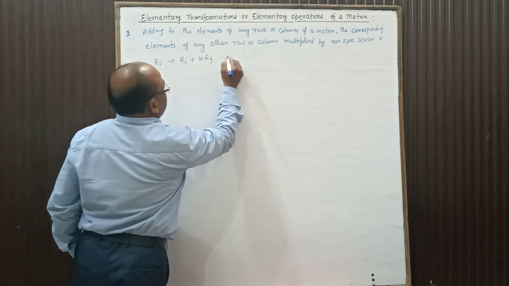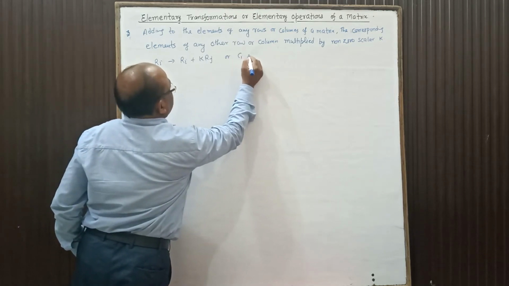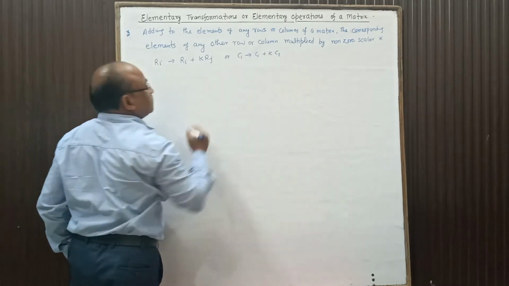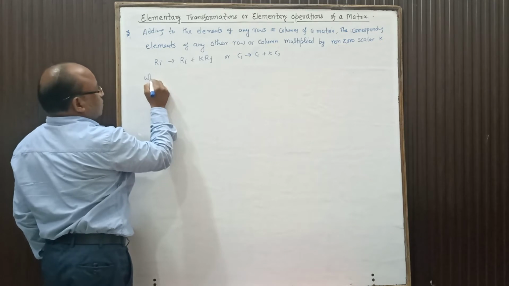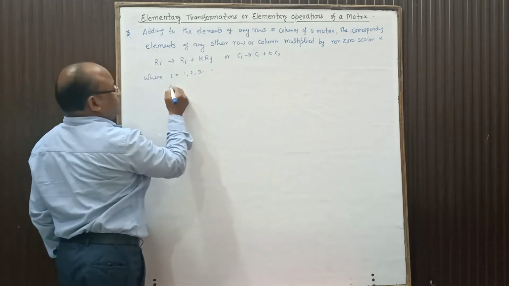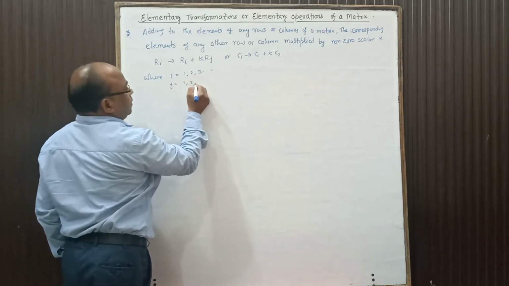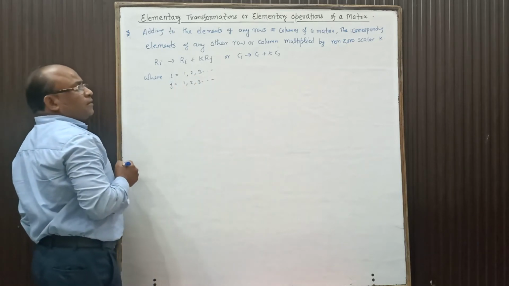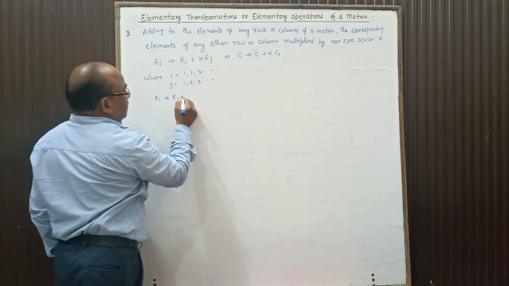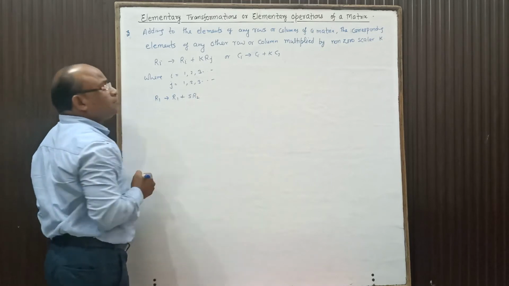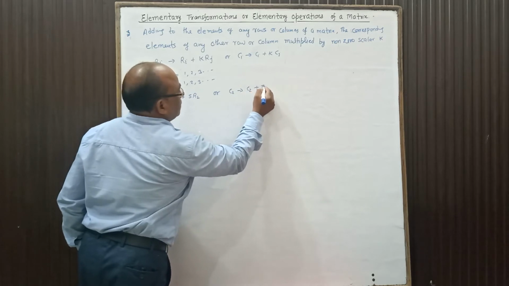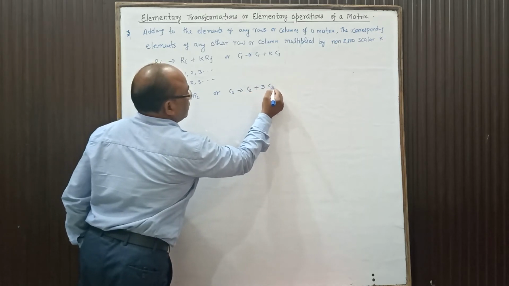In terms of columns, Ci is replaced by Ci plus kCj, where i is 1, 2, 3 and so on, j is 1, 2, 3 and so on. For example, R1 is replaced by R1 plus 5R2, or C2 is replaced by C2 plus 3C3.